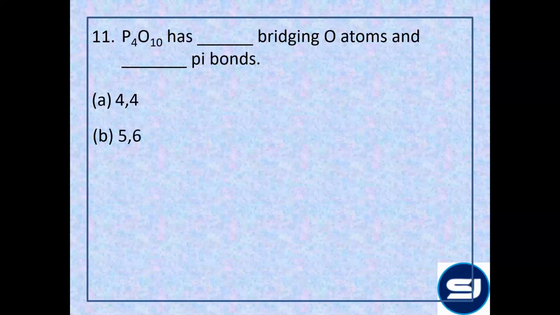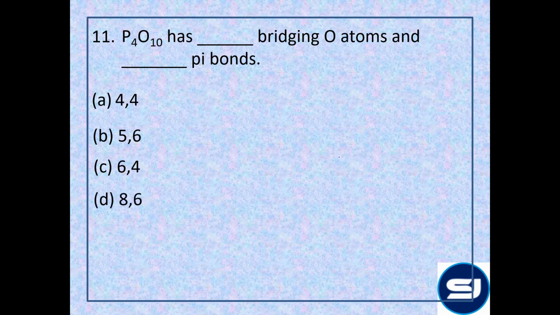P4O10 has dash bridging oxygen atoms and dash pi bonds. What was the structure of P4O10? How do you start drawing that? 4 phosphorus, then POP linkages in the circumference and 2 in the center.